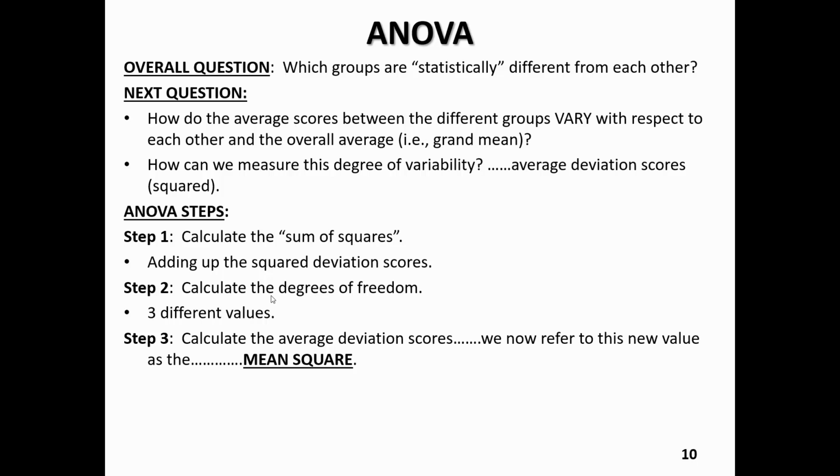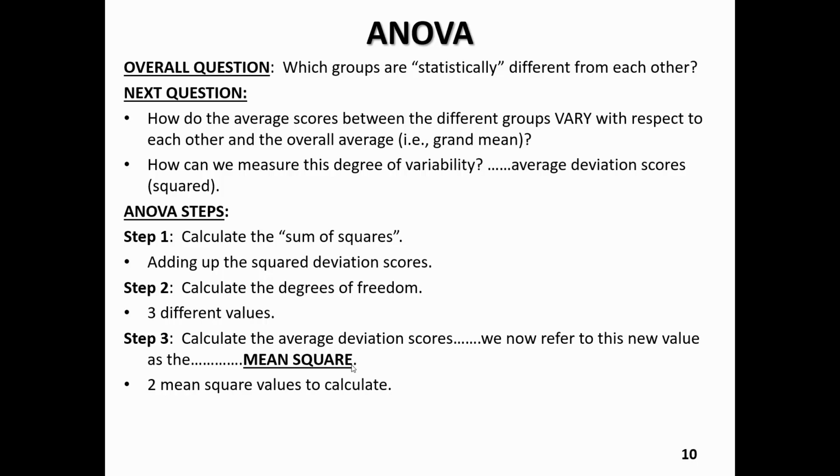In step 3, we then calculate an average deviation score that we'll refer to as a mean square. The mean square is the specific terminology in ANOVA, but another word for that is variance. If you go back to the first video and our coverage of descriptive statistics, you'll see that calculation of the mean square will fundamentally be the same as calculating a variance.